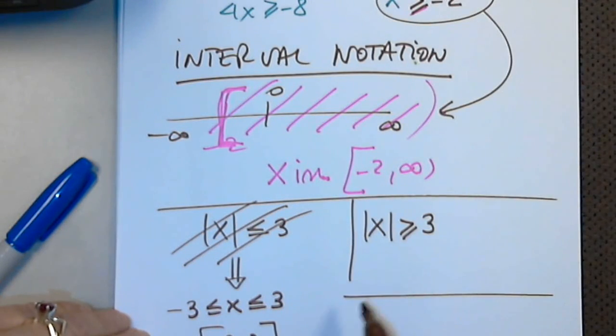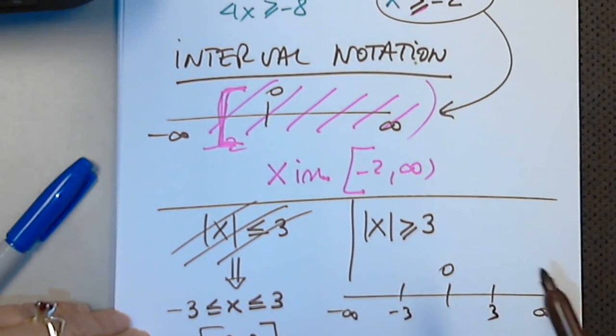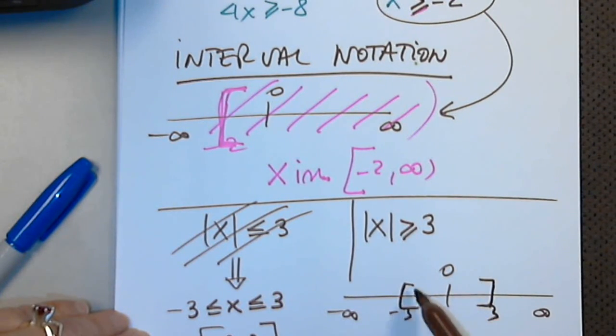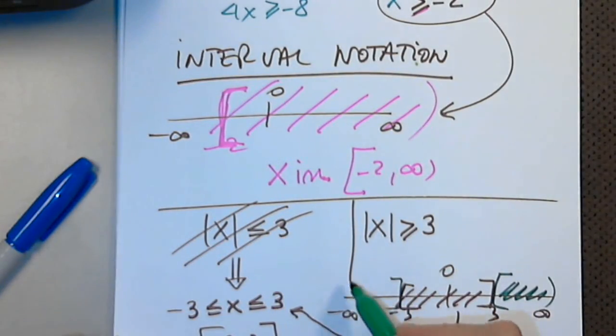So on the real line, negative infinity, infinity, 0, negative 3, and 3, this portion is already taken by this inequality. Where will I find again those numbers with distance from 0 more than 3 units? Is the outside. Is this and this.